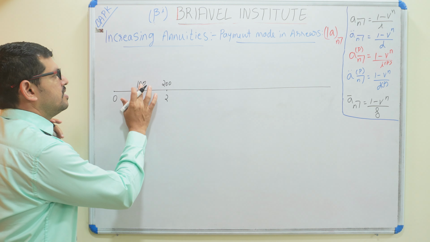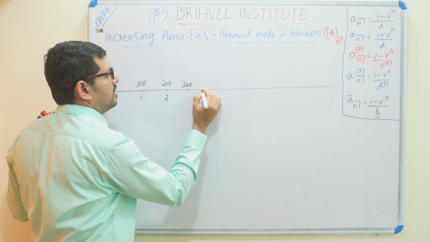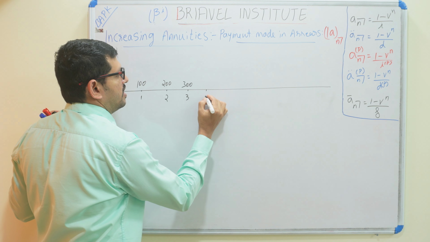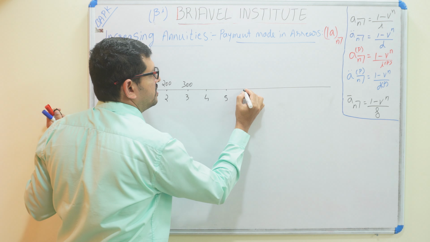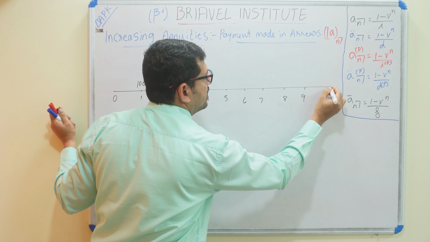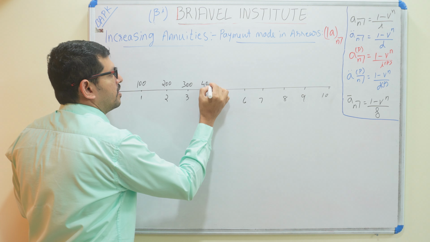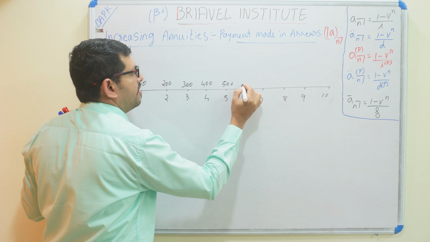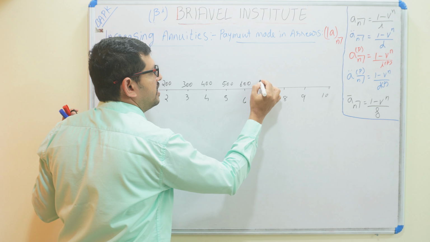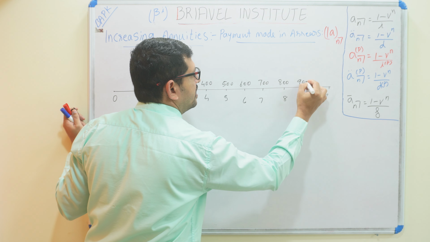Now you see it is increased by another $100, and after 3 years it is $300. Then 4 years, 5 years, up to 10 years. Here it is $400, here $500. So every year the annuity payment is increasing.